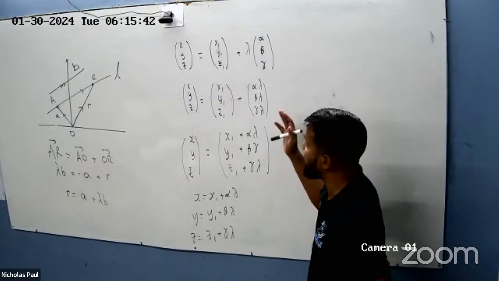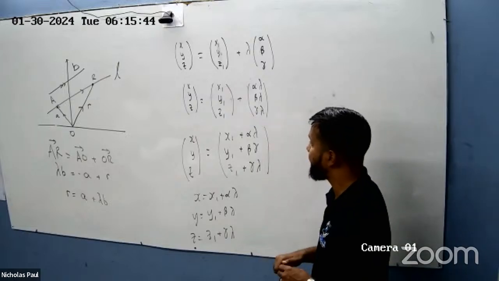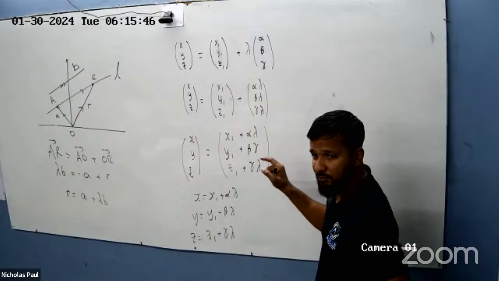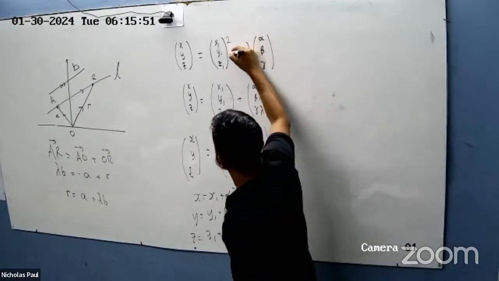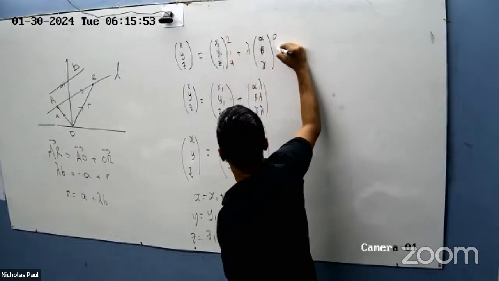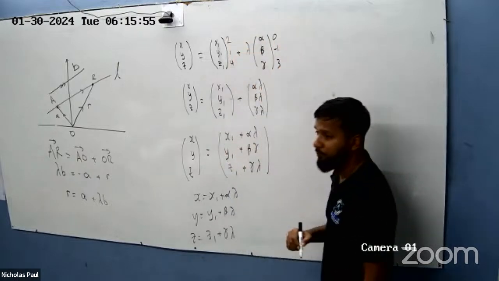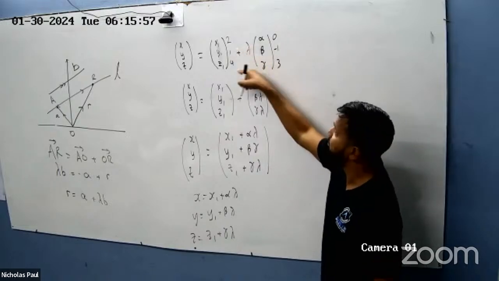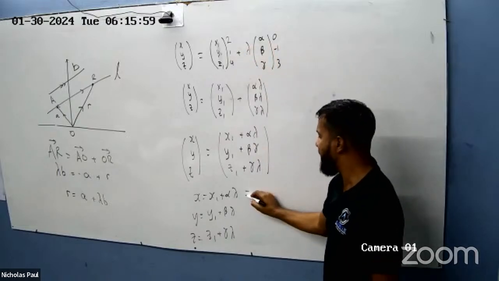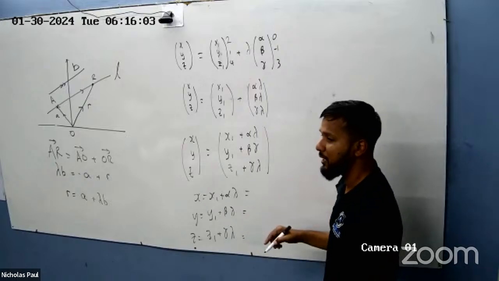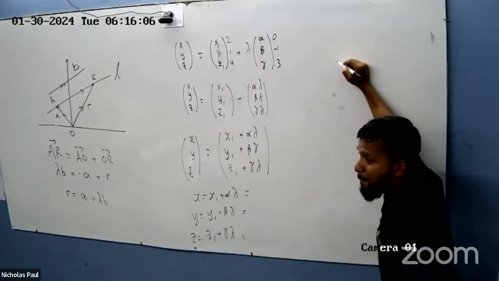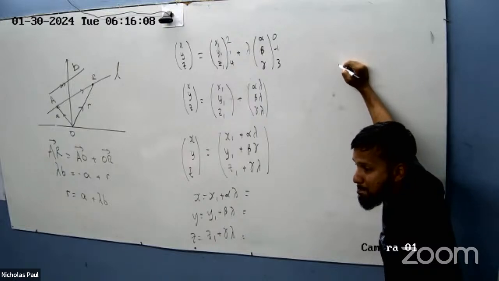Right? Let's put some numbers into it real fast. So let's put some numbers into this. If we had 2, 1, 4, 0, minus 1, 3, right? If we had these numbers, then the parametric will simply be what?